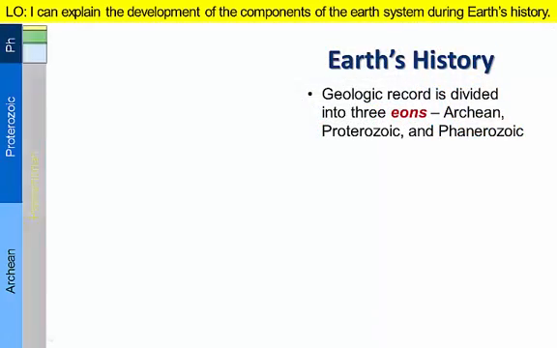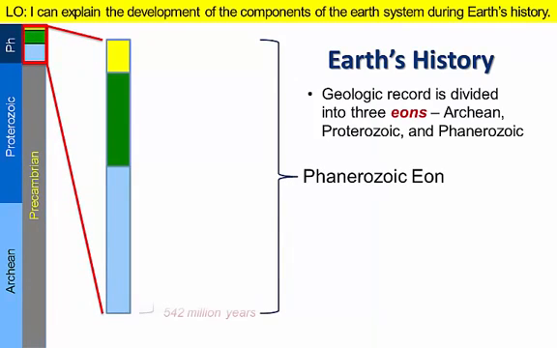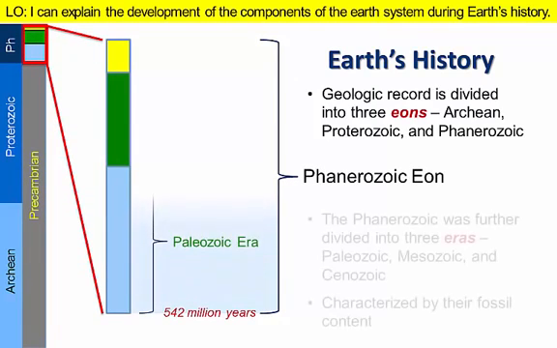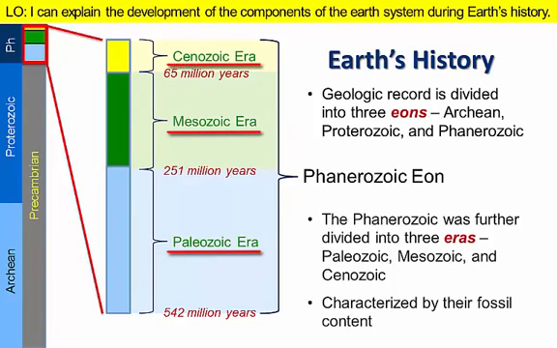Fossils became much more abundant in the rocks of the Phanerozoic eon, representing the last 542 million years of geologic time. The presence of fossils allows geologists to further subdivide the eon into three shorter eras: the Paleozoic, Mesozoic, and Cenozoic.